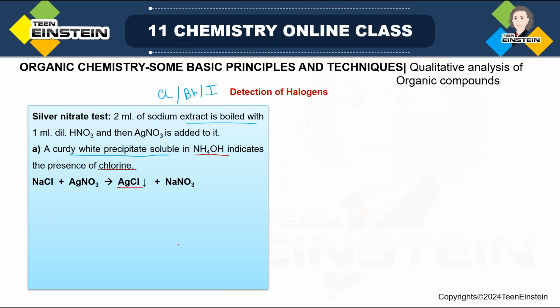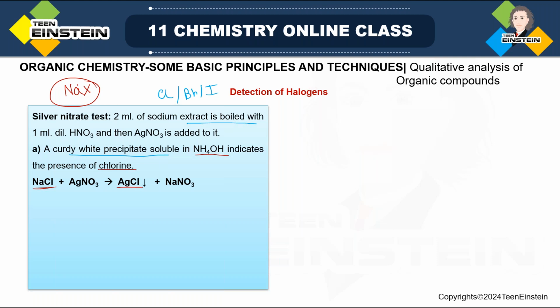So what reaction is happening here? NaCl is present in the fusion extract. In general, I can write that in the fusion extract you will have NaX. When you have done the fusion, and the organic compound with which you are dealing has some halogen, in the fusion extract you will get NaX. Now this NaX may be NaCl, NaBr or NaI.